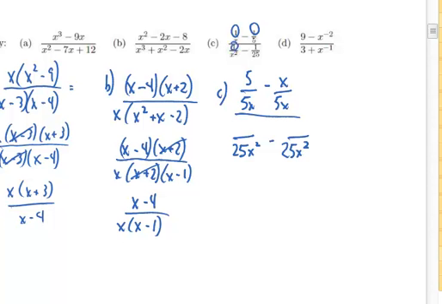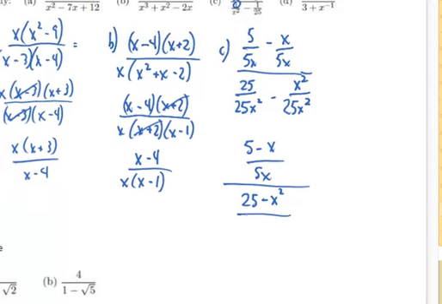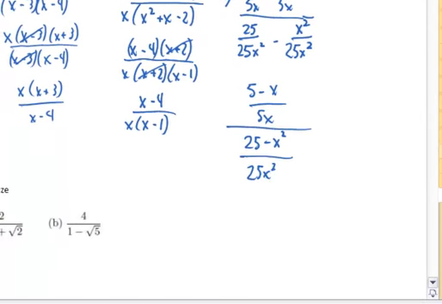So this numerator will change to a 25, and the other numerator will change to an x squared. So now when I put everything together, I basically have 5 minus x over 5x, and in the bottom I have 25 minus x squared when I add those fractions over 25x squared.